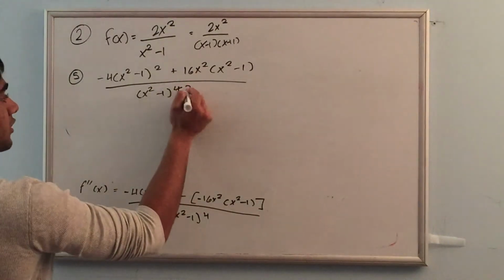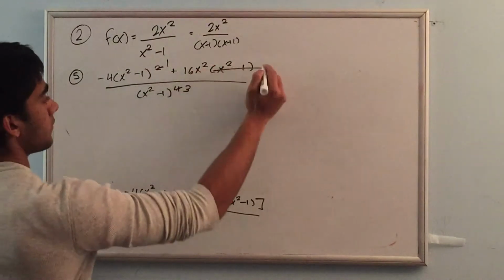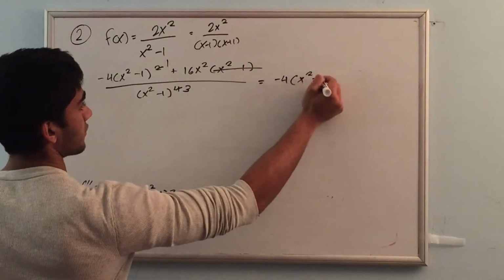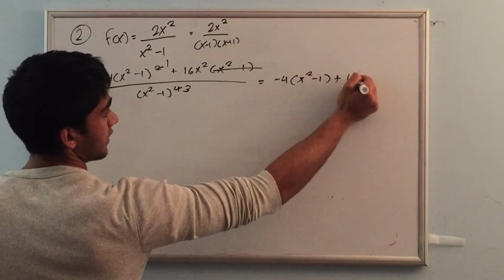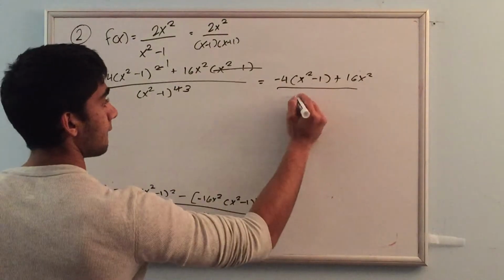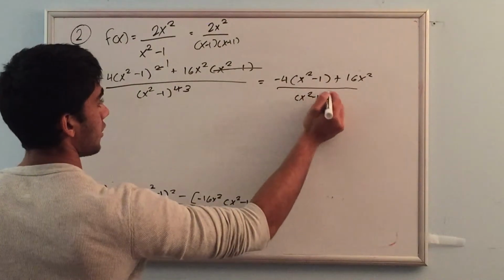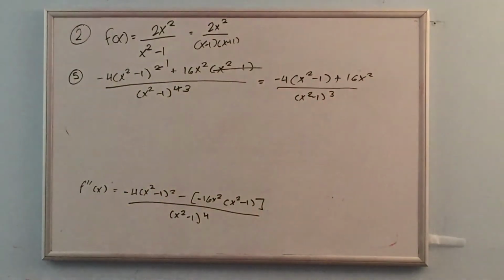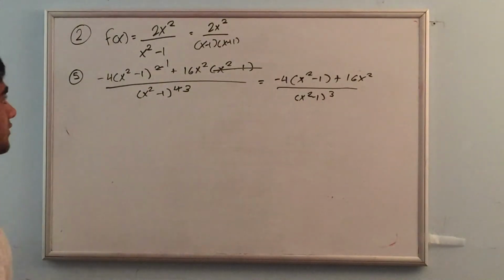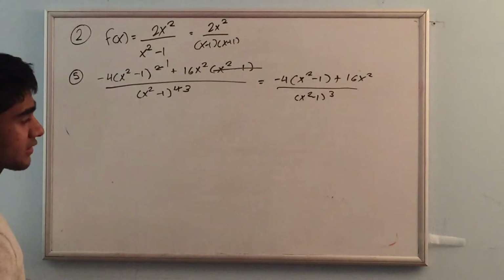So this would become a 3, this would become a 1, and this would go out. So this equals negative 4 times (x squared minus 1) plus 16x squared over (x squared minus 1) to the third. Let me erase this bottom part so you don't need it anymore. So that is the second derivative of the function f of x.